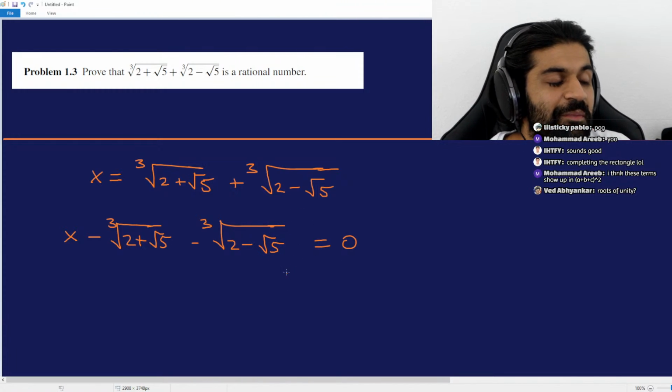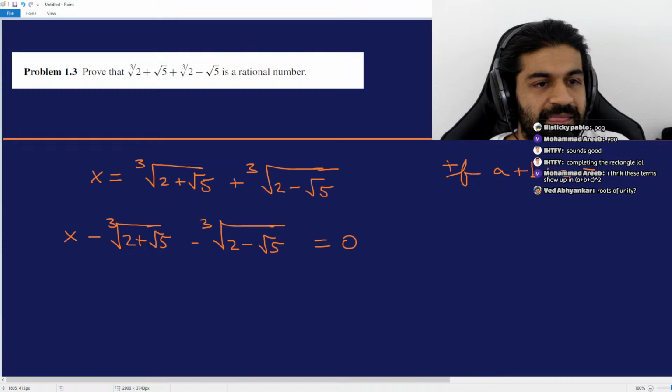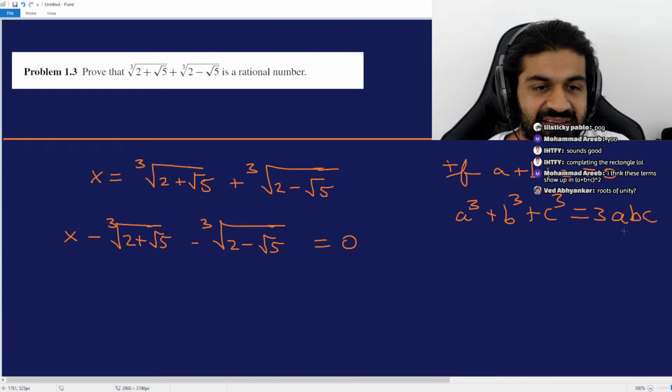And remember, if a plus b plus c is 0, then in fact a cubed plus b cubed plus c cubed is equal to 3abc.